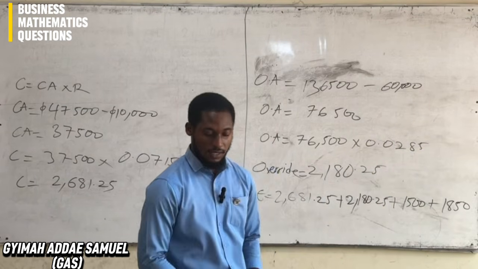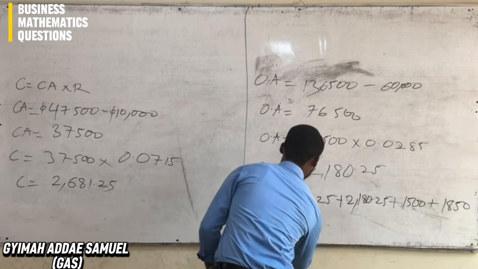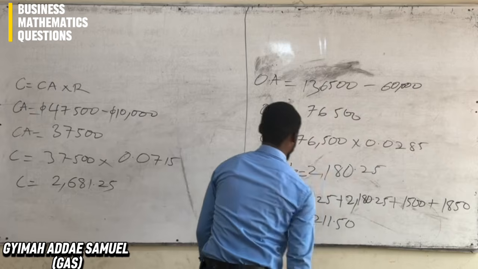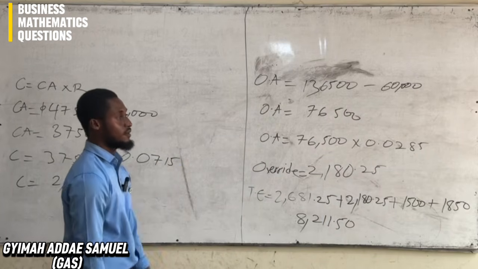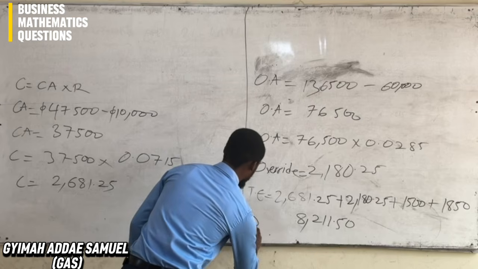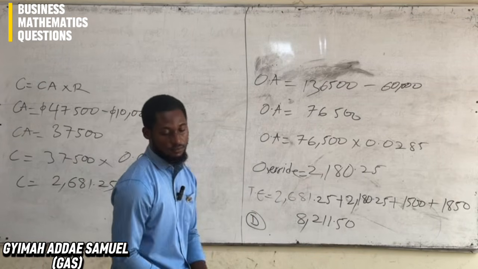And when we add this, we are getting 8,211.50. So therefore, the answer for question 8 is D, which is the 8,211.50.